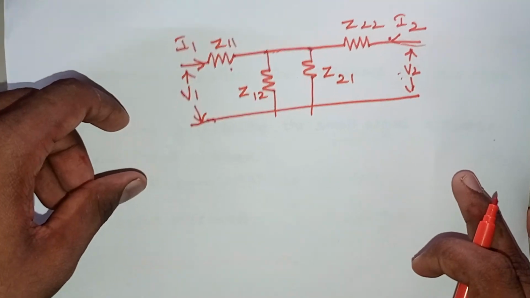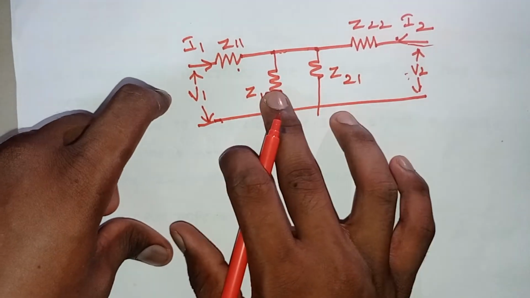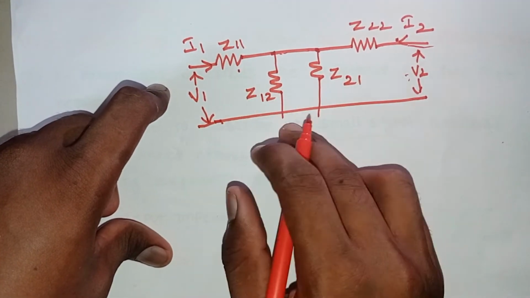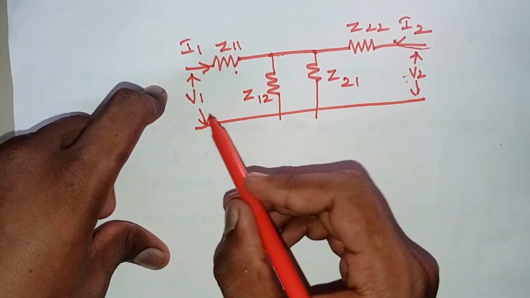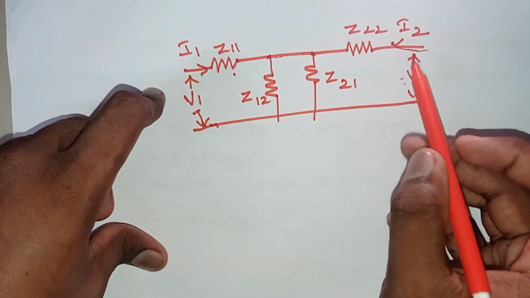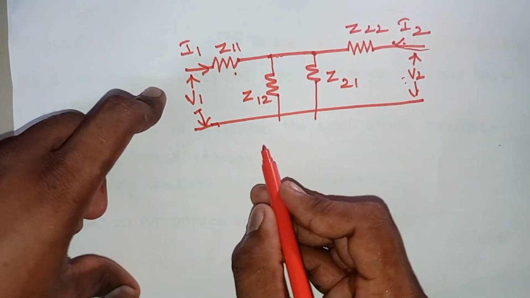First, we have two standard equations for Z parameters for finding the unknown voltages or currents. Unknown voltages and currents are the input voltage, output current, input current, like that.